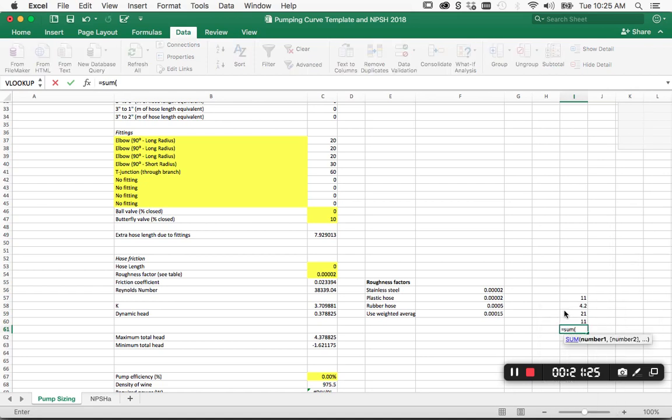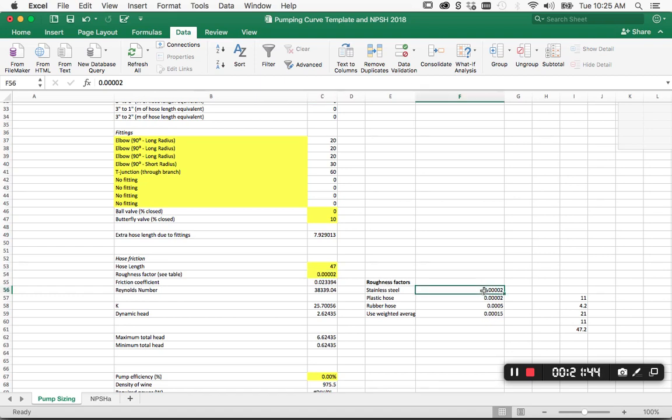So the overall fixed line length is 47 meters. So over here, we put in 47 meters. And then it asks, what's the roughness factor? So different hose types add more friction depending on the type of material. And I've just put this in a table over here. Stainless steel, it's got a friction coefficient of blah, blah, blah, blah, blah. Plastic hose is the same.